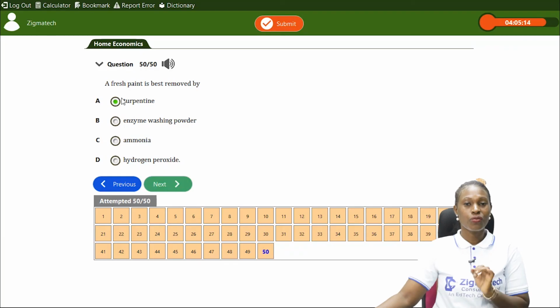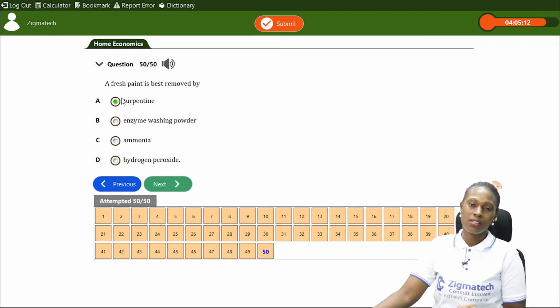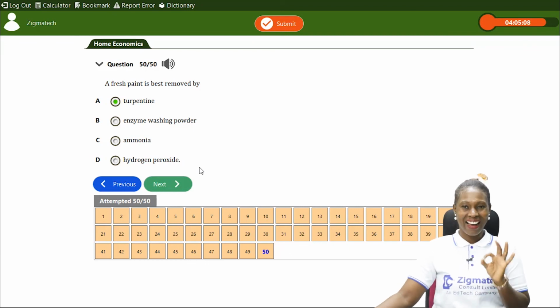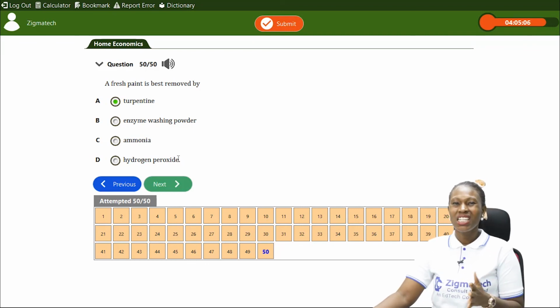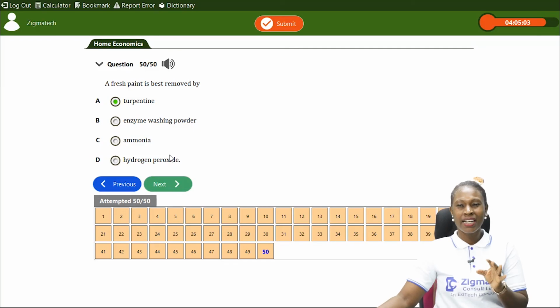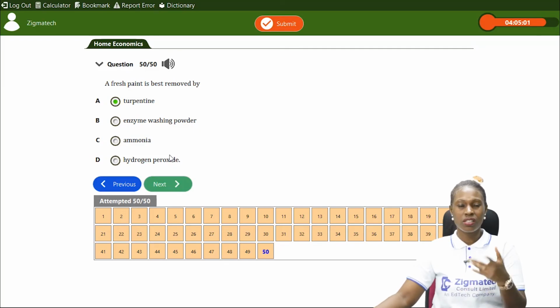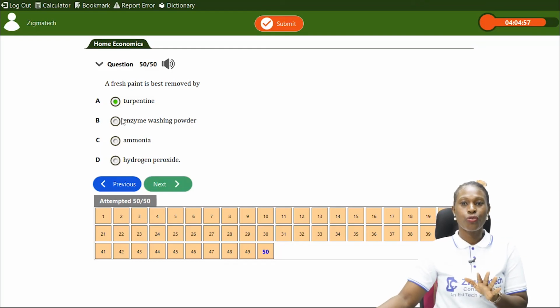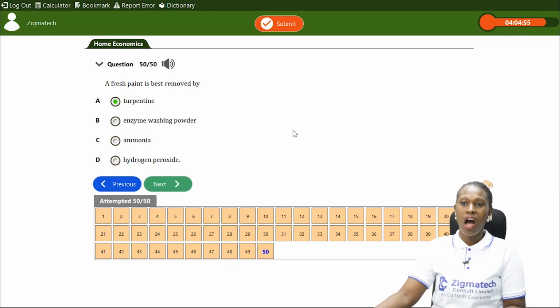Turpentine removes fresh paint stains on our fabrics. It is gotten mostly from the bark of the pine tree, from distillation of the bark. So this is able to remove fresh paint from our clothes.